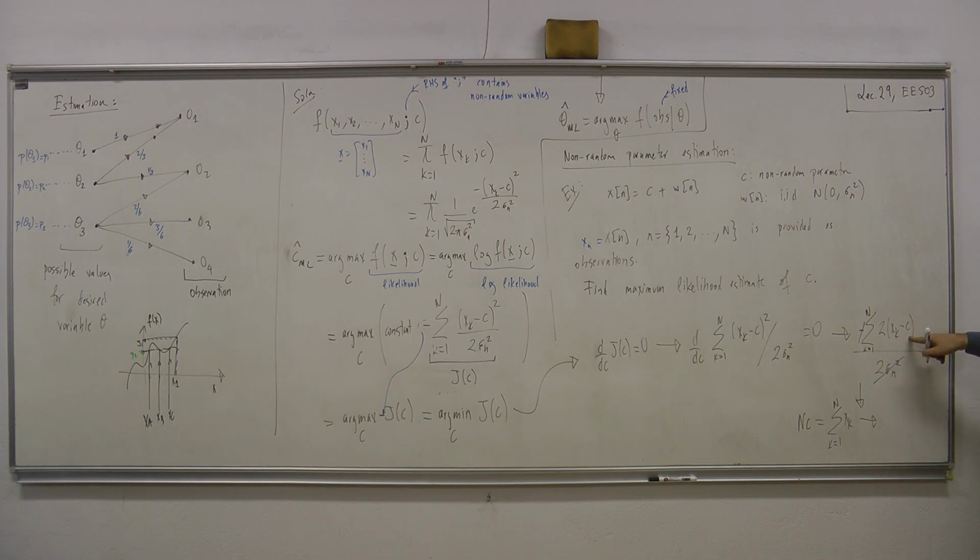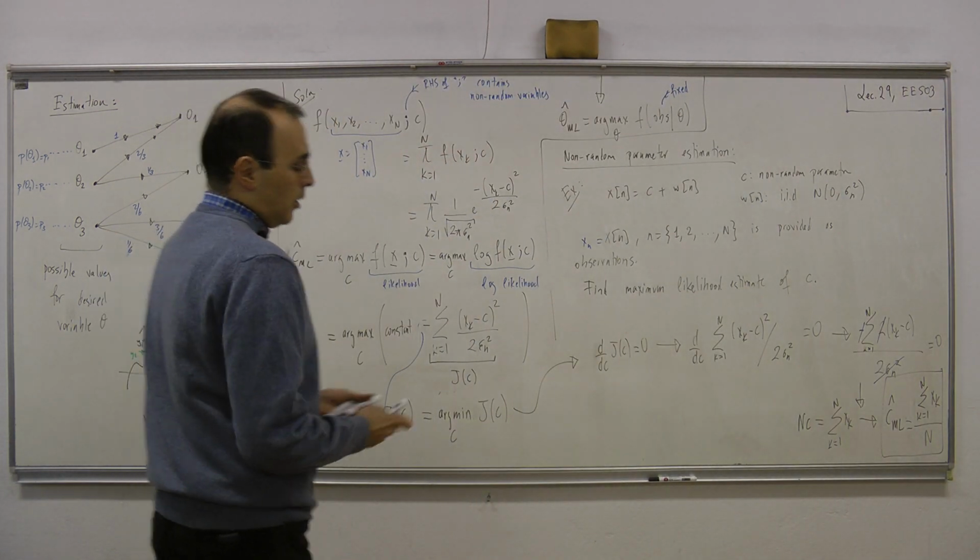This constant is added up n times, so I have n times c on this side, and let's get rid of this 2 also, the summation of the xk. Then this is my final result. The maximum likelihood estimate is 1 over n times the summation of xk, k from 1 to n.